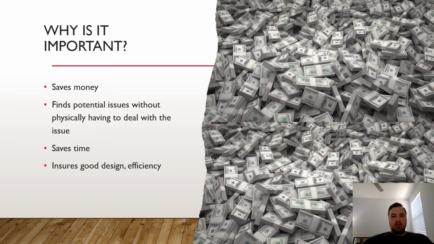Why is BIM modeling important? One, it saves money because it will find potential issues without physically having to deal with the issue. So if you go and install a plumbing fixture and it bumps into electrical conduit, that can easily be seen in the BIM model when they are designing it, and that won't happen later on down the road when you're installing all that stuff.